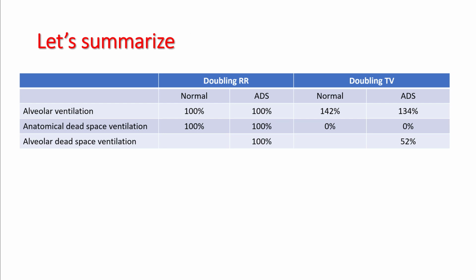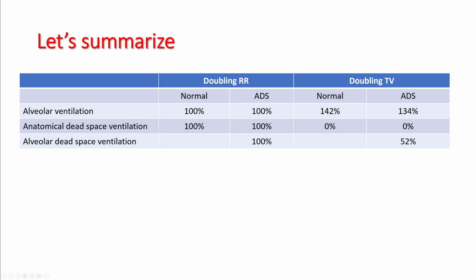In summary, if you double the respiratory rate in a patient with no alveolar dead space, alveolar ventilation improves by 100% and your anatomical dead space ventilation also increases by 100%. Similarly, in a patient with alveolar dead space, your alveolar ventilation, anatomical and alveolar dead space ventilation, they all increase by 100%.